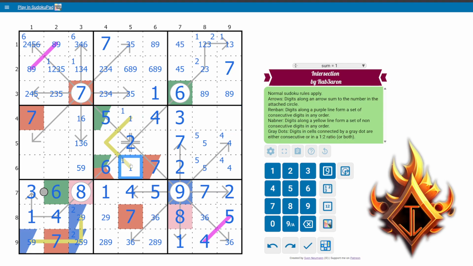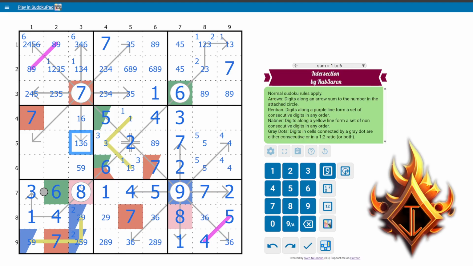So what's missing from here is 1 3 8 9. So this will be an 8 or a 9. 1 and 3 will be on the line with 8 or 9.